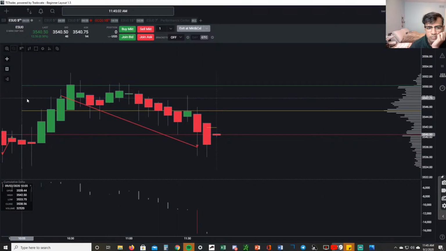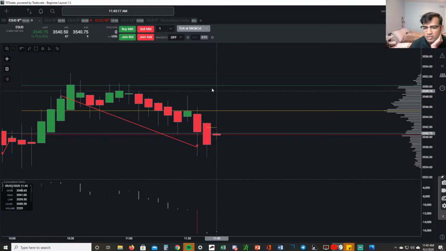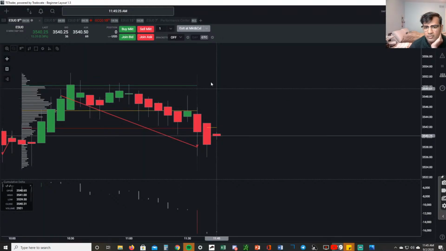By doing that, it'll automatically adjust. It'll tell us the volume profile just from this candle that we selected from 10:05. But if you wanted the volume profile just from 10:05 till 11:35, you can have it set to only show you the volume profile for that.